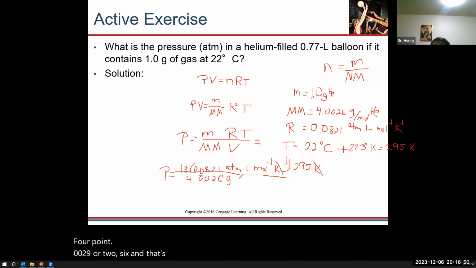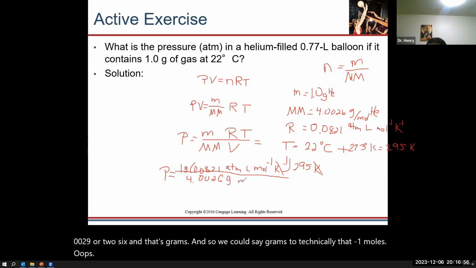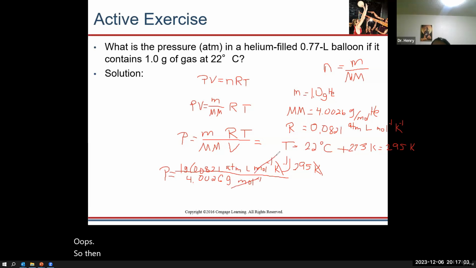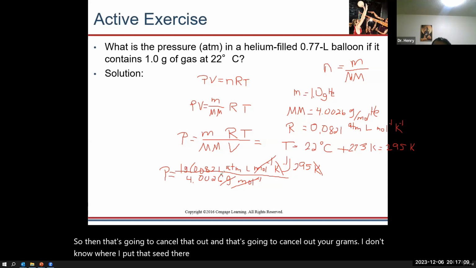And so we could say grams to technically the -1 moles. So then that's going to cancel that out, and that's going to cancel out your grams. Oh, that's a 6. That's not a C. So grams are going to cancel out.